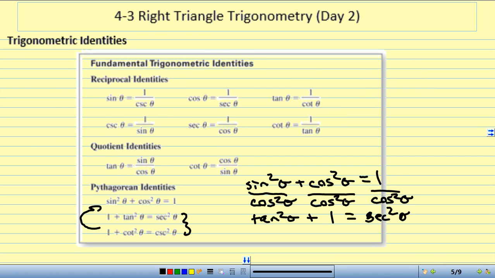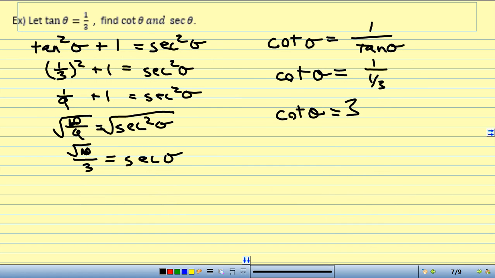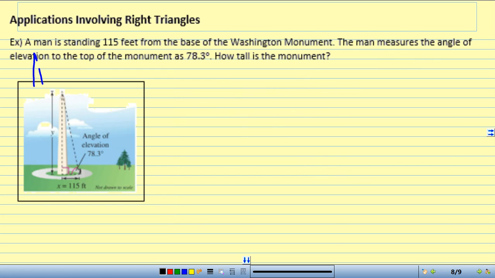That means I can say 1 is equal to cosecant squared theta minus cotangent squared theta. All I did is subtract cotangent squared theta. So there you go. I can immediately jump to that's 1. So 1 equals 1. Yay.